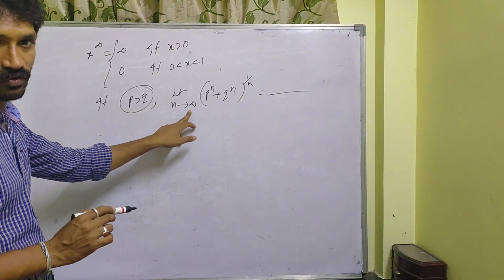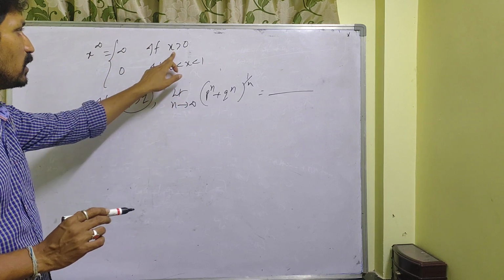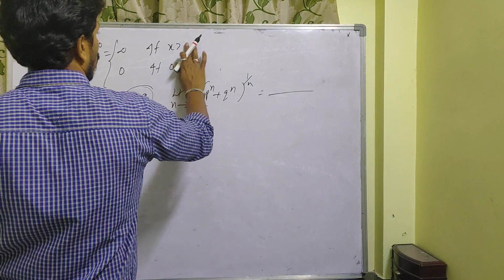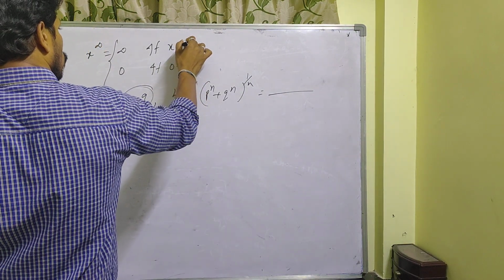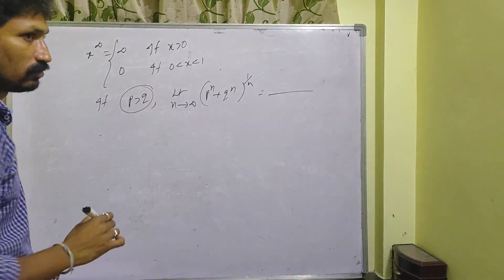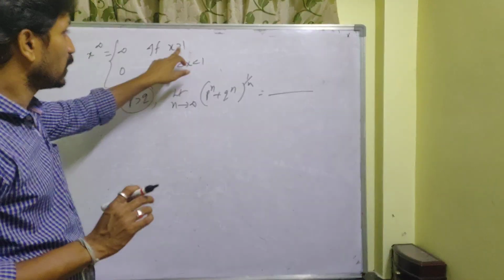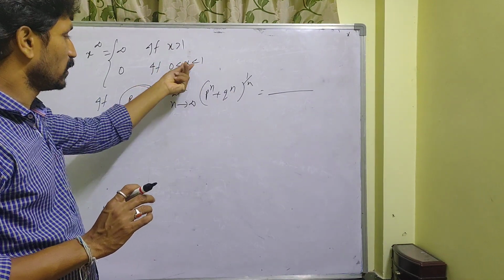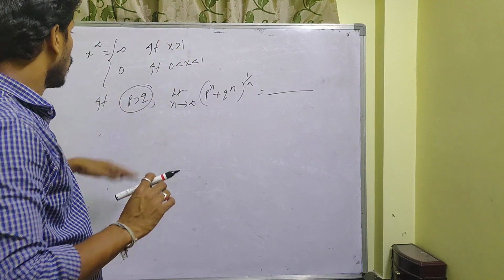See, as n tends to infinite, x power infinite is equal to infinite when x is greater than 1. So it is an improper fraction, greater than 1, more than 1. Okay.